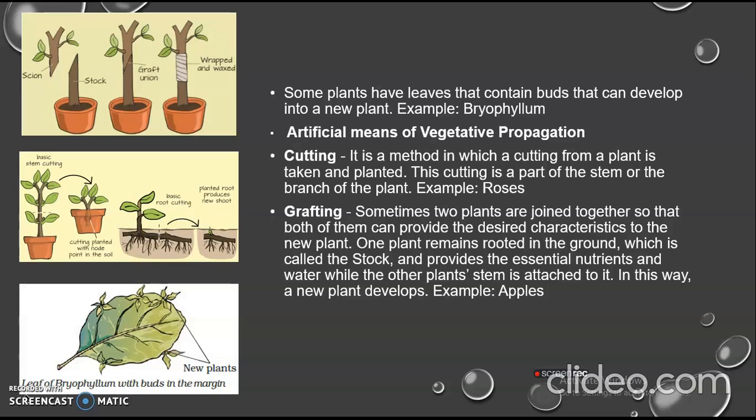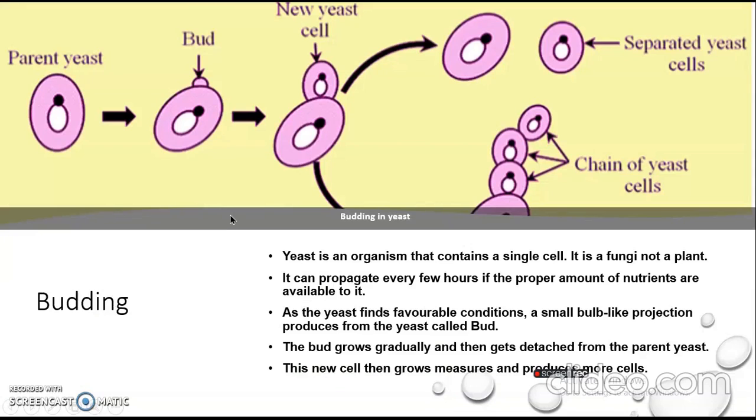The plant rooted in the ground will provide water and essential nutrients, and in this way the new plant can develop. An example is apples. Apples form through the process of grafting and roses through cutting. So we understood what grafting and cutting are.